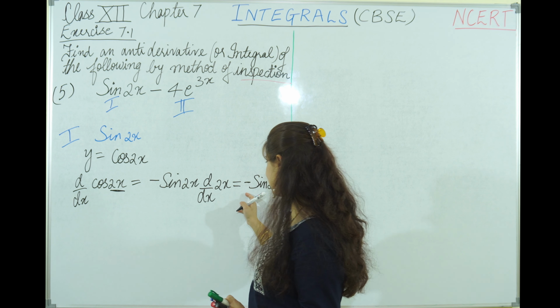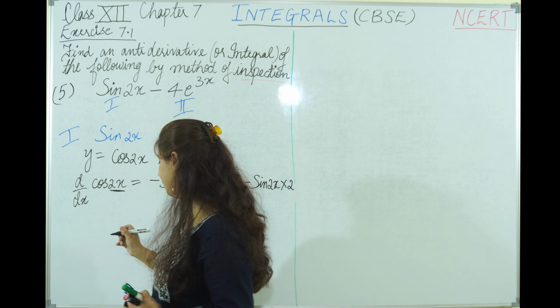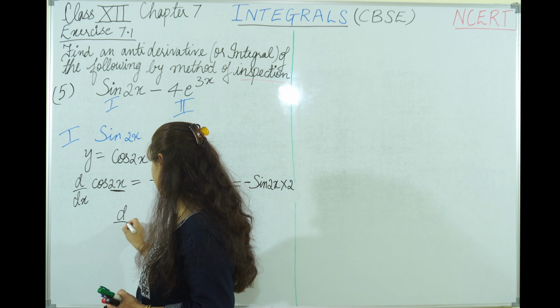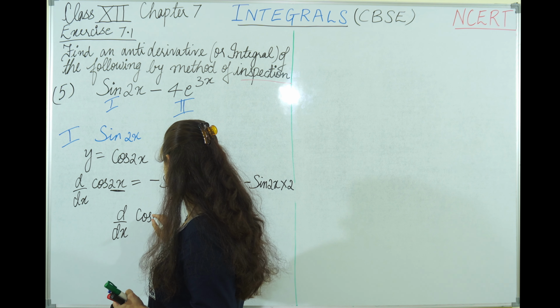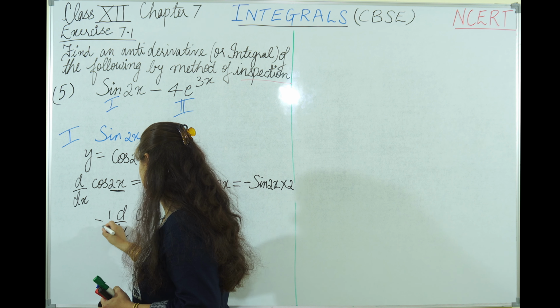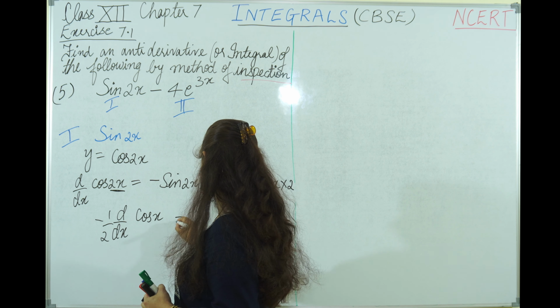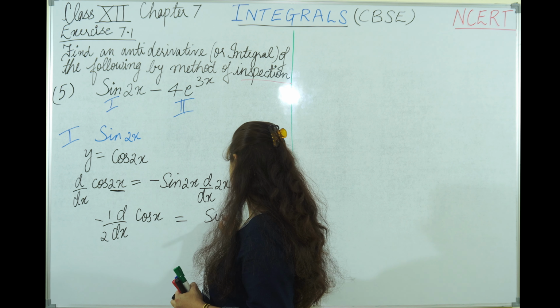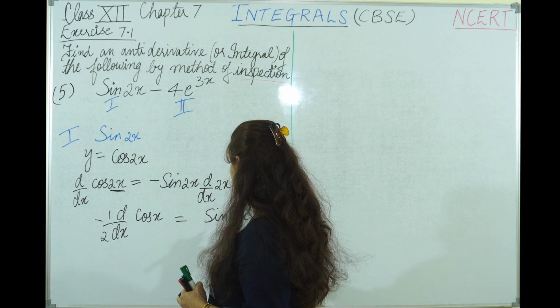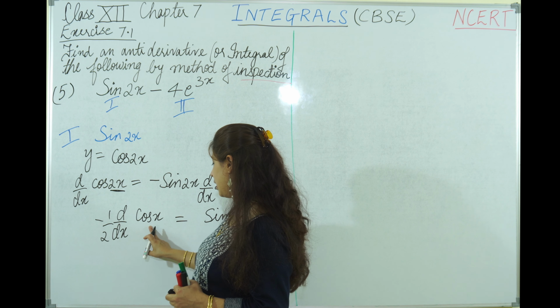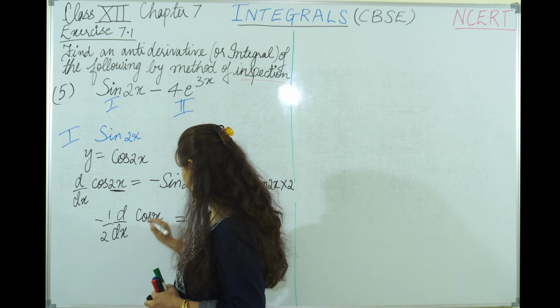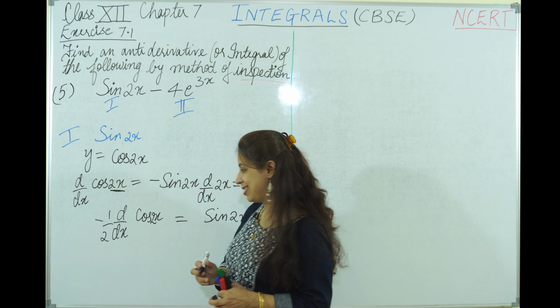So the 2 and the minus sign can go to that side. So minus 1 by 2 d over dx of cos 2x gives sine 2x. So the antiderivative of sine 2x is cos 2x upon 2 with a negative sign.